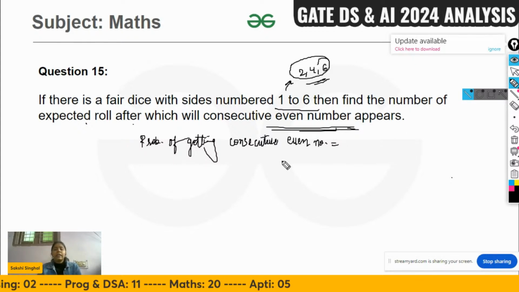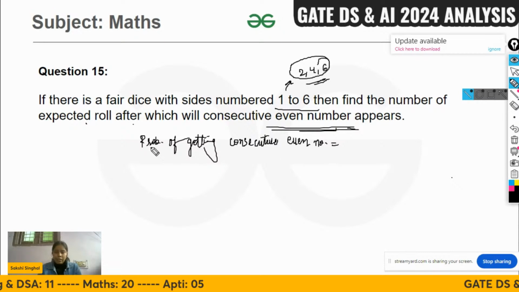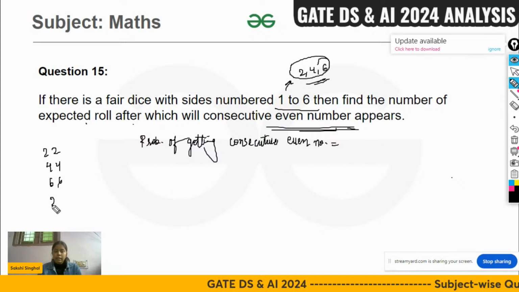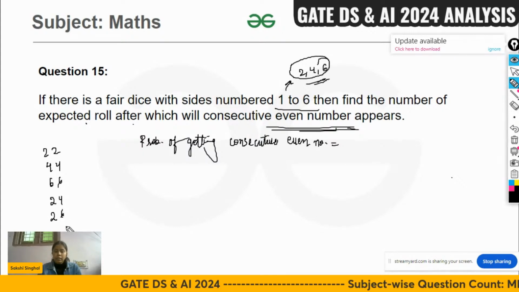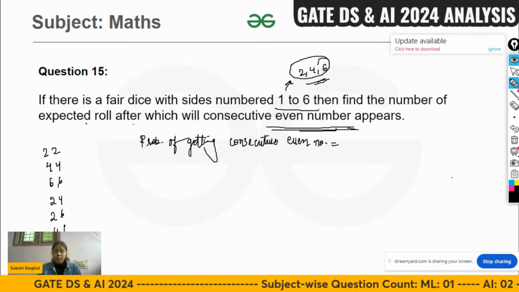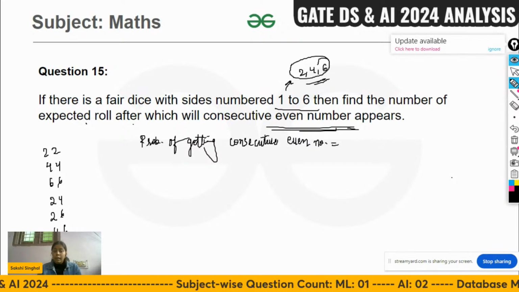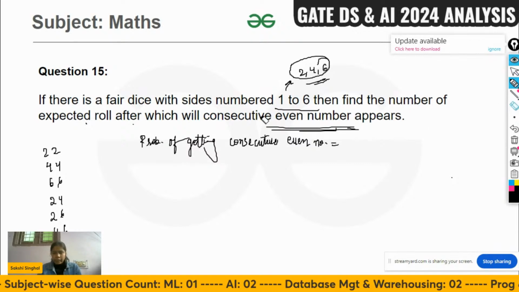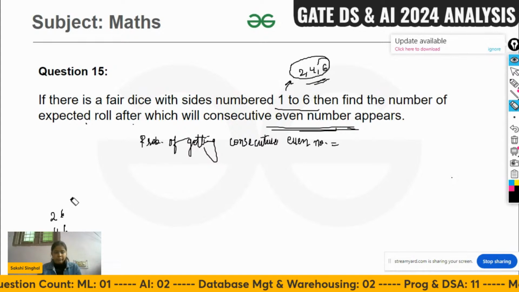Like probability of getting a consecutive even number. What are the cases? I can get 2, 2, 4, 4, 6, 6. And what are the other cases? 2, 4, 2, 6, and 4, 6, and 6, 4. Let me put it that way instead of writing that.